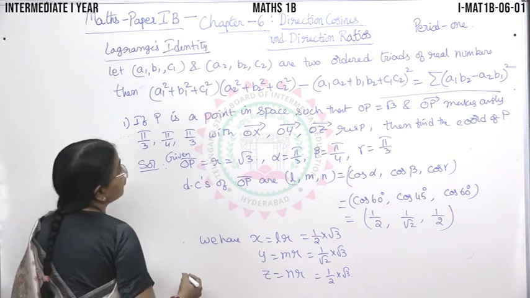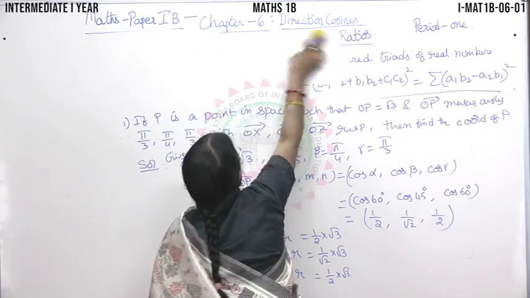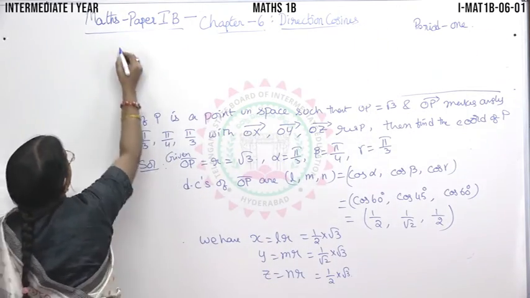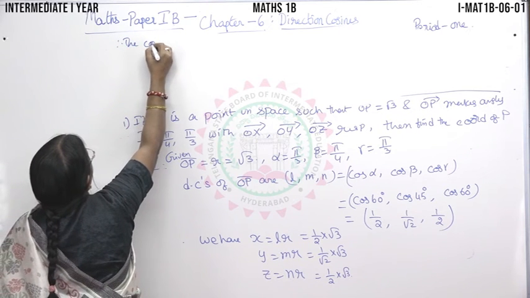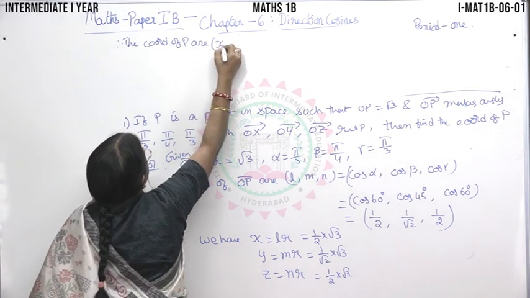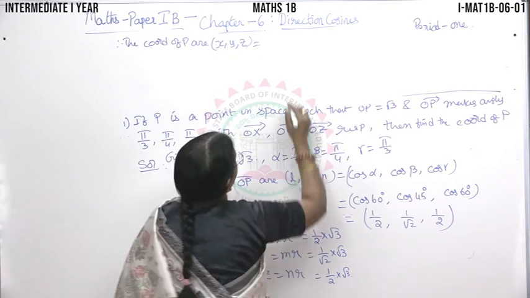So finally you will write, therefore the coordinates of P are x, y, z is equal to, what is x? Root 3 by 2.